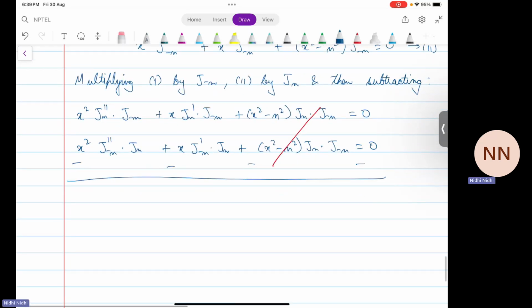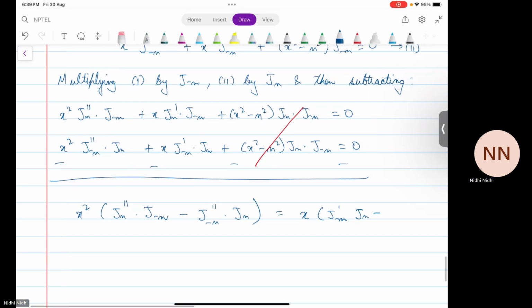So we'll be left with x^2 (J_n'' J_(-n) - J_(-n)'' J_n) is equal to, taking the rest of the terms on the other side of the equation, x (J_(-n)' J_n - J_n' J_(-n)). So this x gets cancelled out.